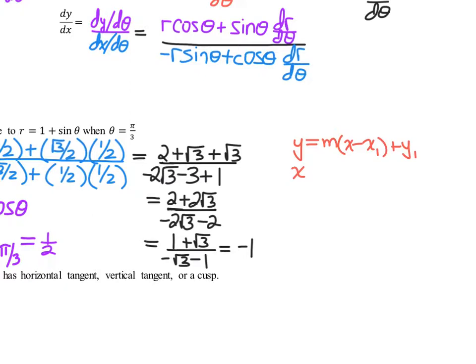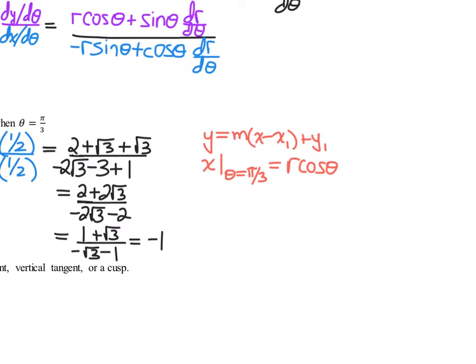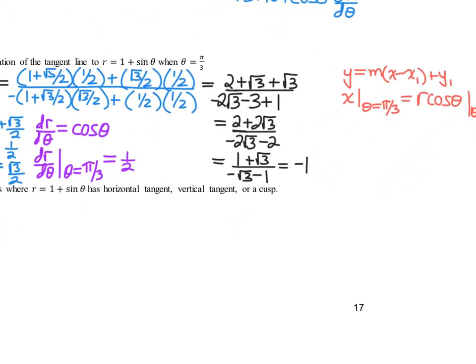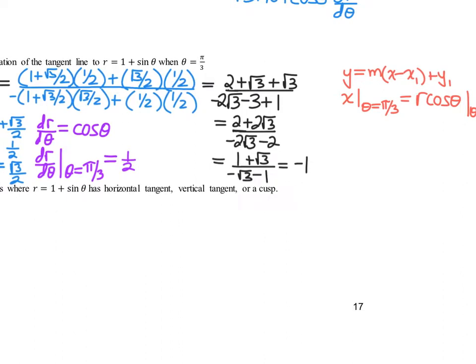X sub 1, X such that theta is equal to pi over 3, would be r cosine theta, again, such that theta is pi over 3. So we're just going to go back, and this is why I do all this stuff on the side here, because I have this information.